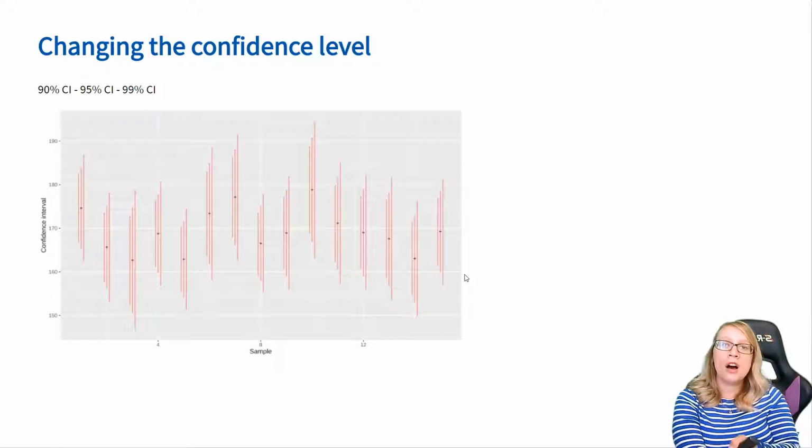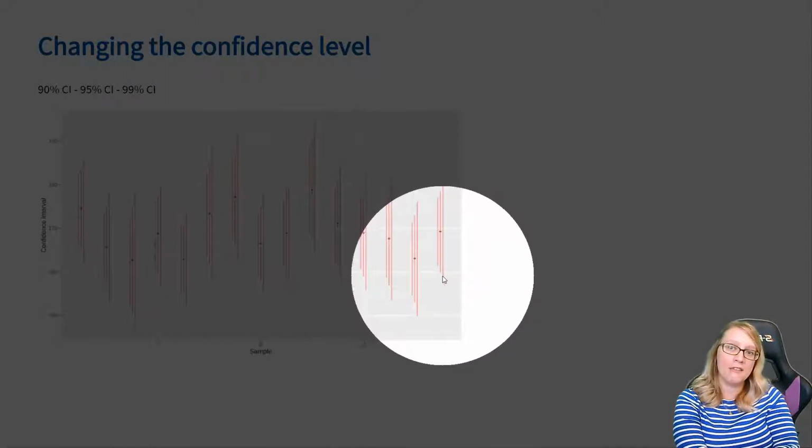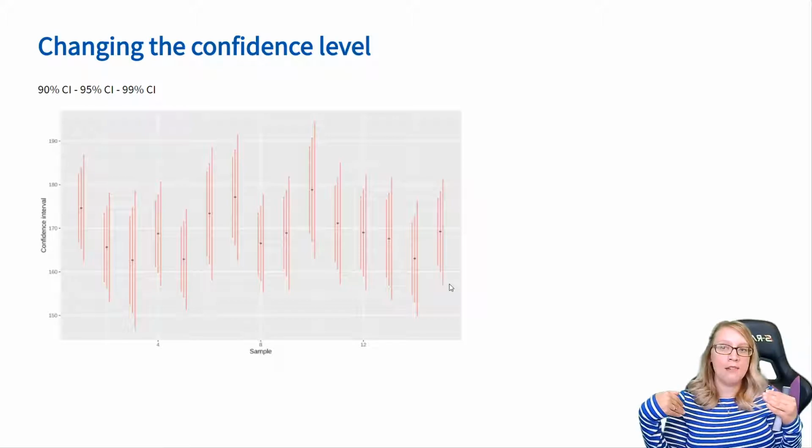For each sample, the leftmost line is the 90% confidence interval. Next comes the 95% confidence interval. Next comes the 99% interval. So you can see that as we increase the confidence level, we have a wider range of values. To be more confident, we need a larger range.